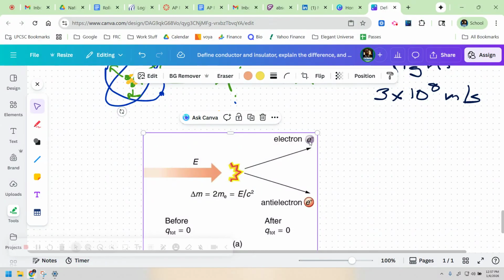You can have an electron that has a negative charge, but you can also have what we call an anti-electron. It's the same mass as the electron, but because the charge has been changed, now it's positive. So before you hit this particle, the charge could be net zero. You could do this with a neutron, right?